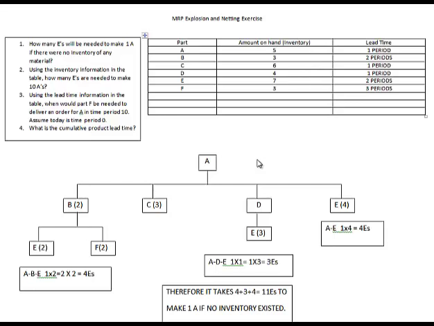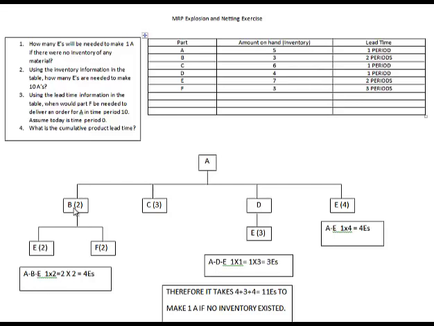Now here's the way that we do it. We assume that for Part A we're making 1. So we're going to first go through the path A to B through E. So to make 1A is going to require 2 B's. And I put a little box down here at the bottom. 1A times 2 B's is equal to 2.